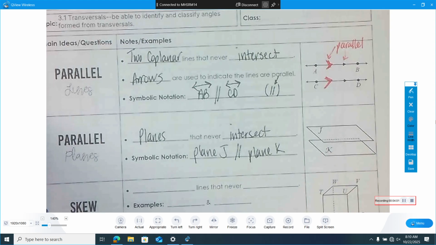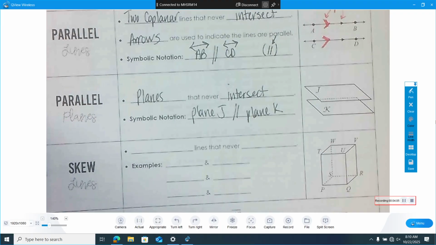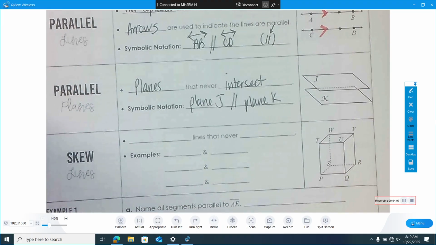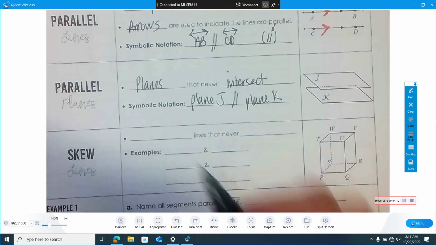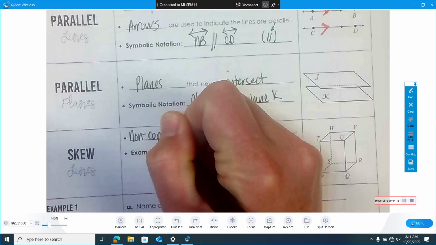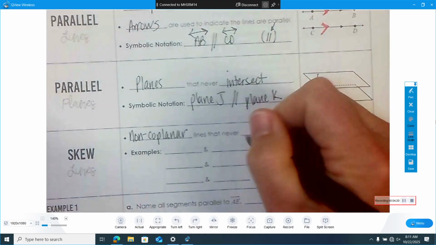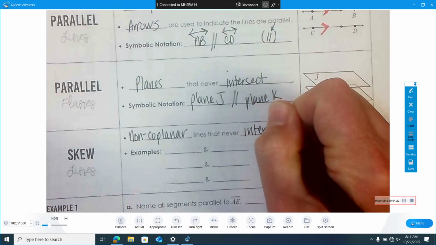All right, so parallel lines, we know, are things that never intersect. So we want to talk about skew lines. Skew lines are non-coplanar lines that never intersect.